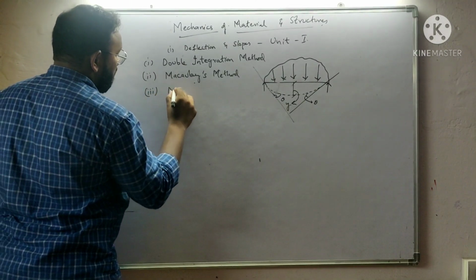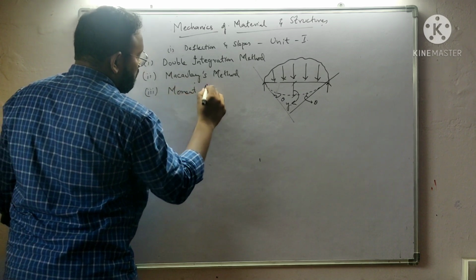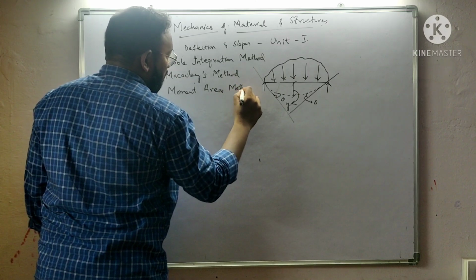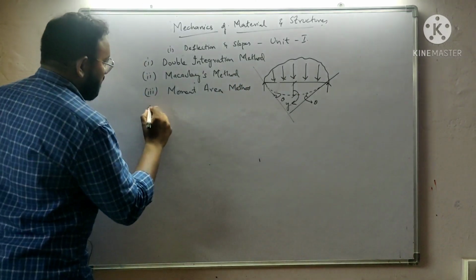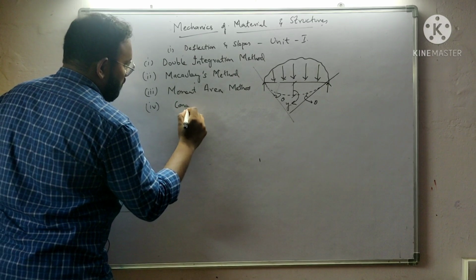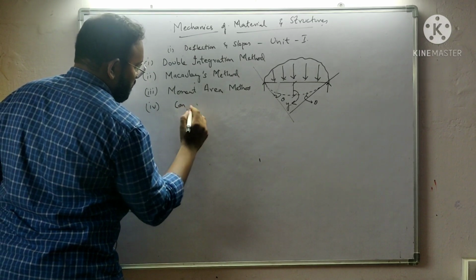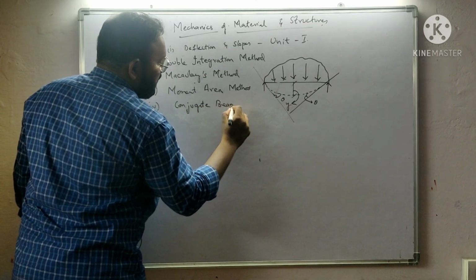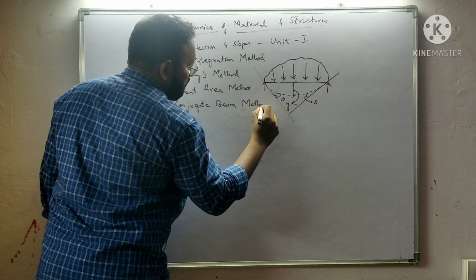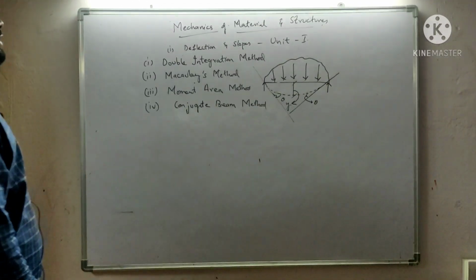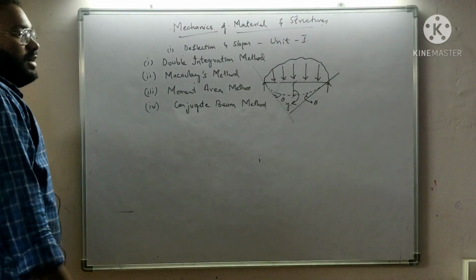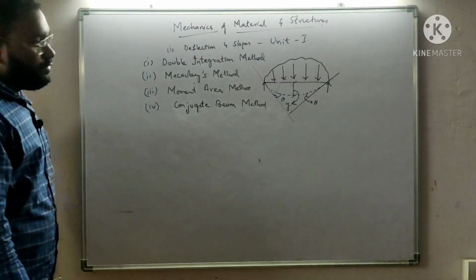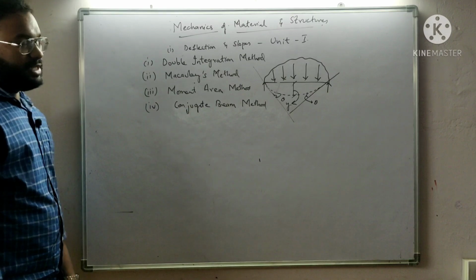Third one is the moment area method. And the last one is the conjugate beam method. So these are the 4 methods by which slope and deflection in beams can be calculated.